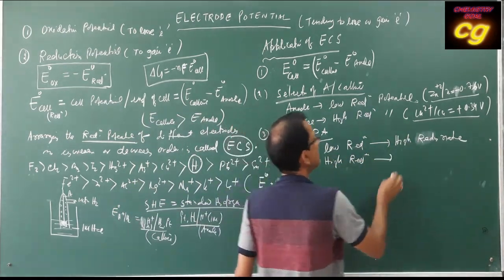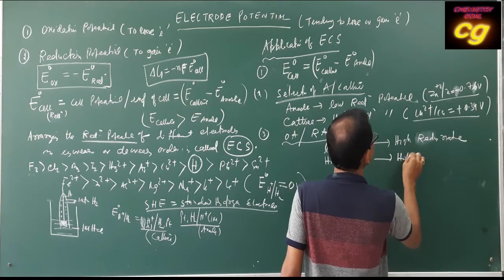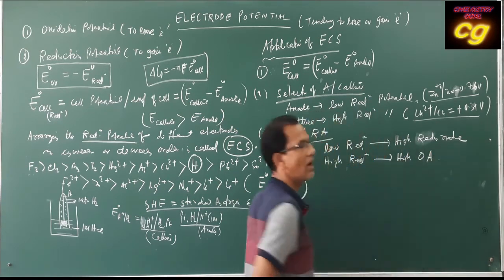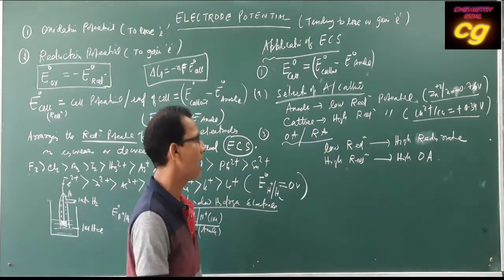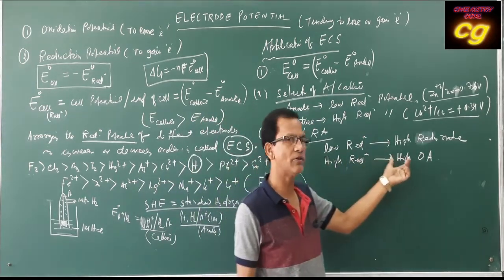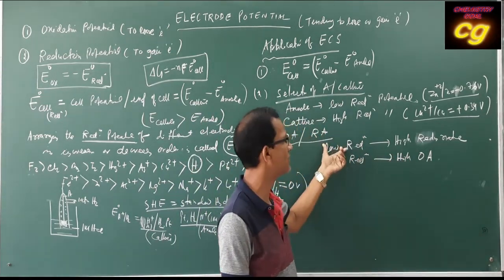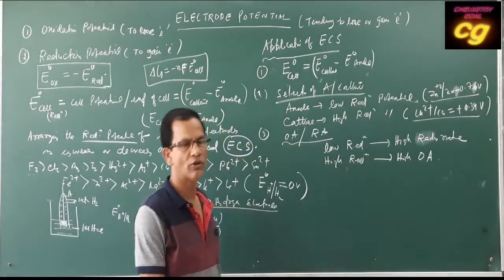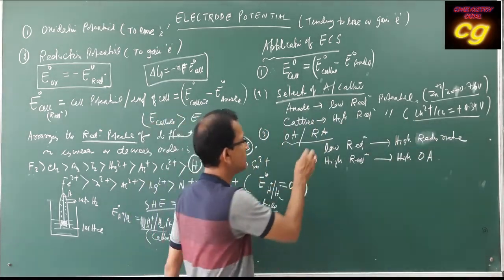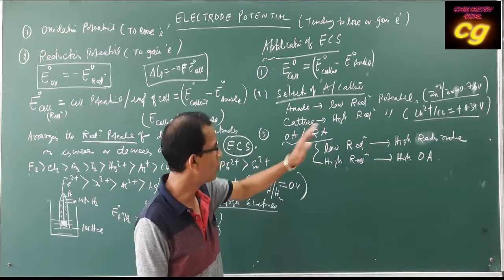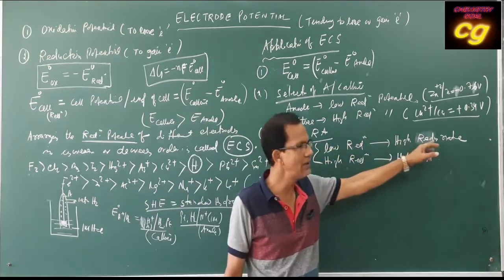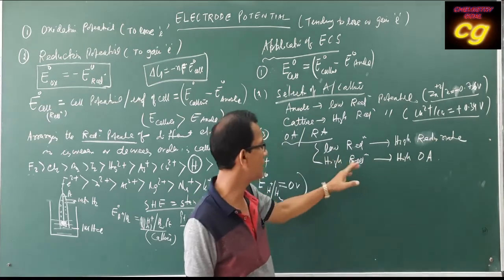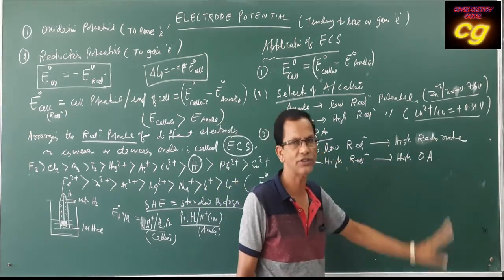High reduction potential means the tendency to gain electrons is more, which means high oxidizing character. So low reduction potential means higher reducing nature, and high reduction potential means higher oxidizing nature. You can know the reducing and oxidizing nature from this potential.